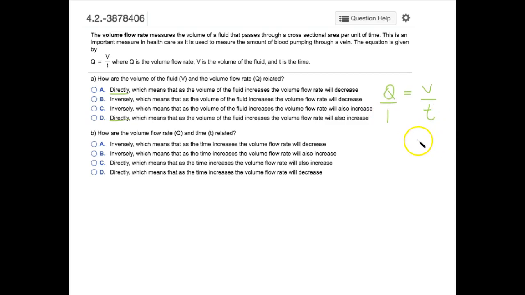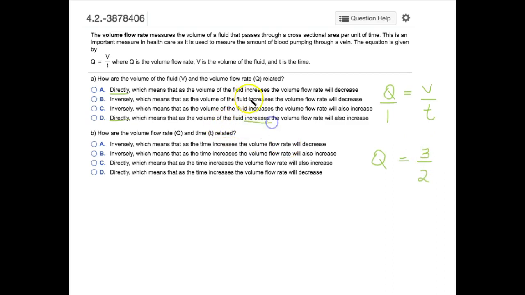So let's just say that V is 3 and T is 2. What would that mean about Q? That would mean Q is 1.5. 3 divided by 2 is 1.5. So let's see what would happen if I increase V. That's what both of these are saying.